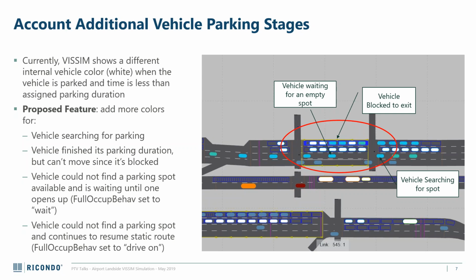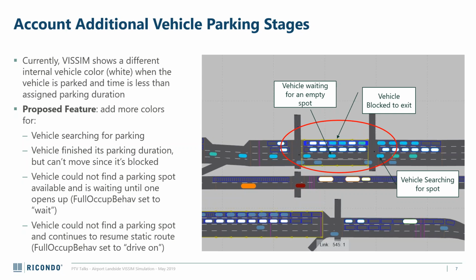Whether the vehicle is still searching for parking, whether the vehicle has finished its parking duration and now it can move but there's another vehicle blocking its exit, it can change to a different color there. Or whether a vehicle could not find a parking spot and, because the full occupancy behavior is set to wait, it's waiting until the next spot is available, or whether it could not find a spot and the behavior is set to drive on, so it will continue.